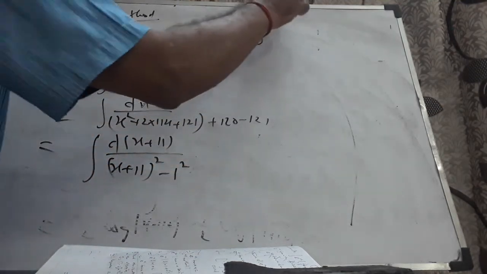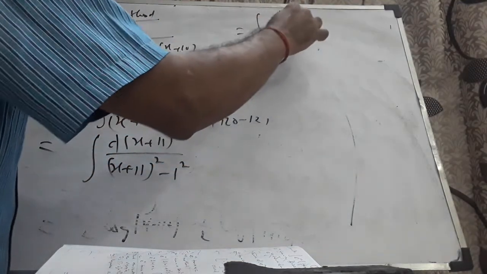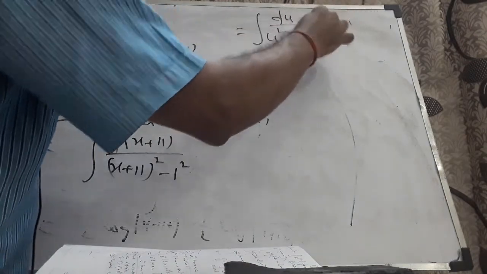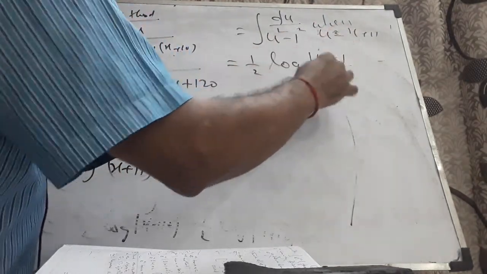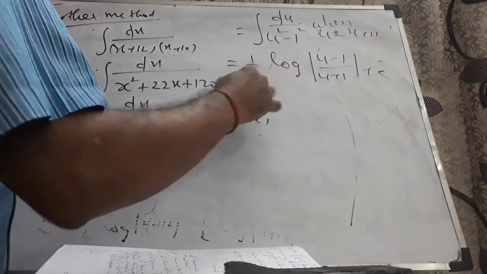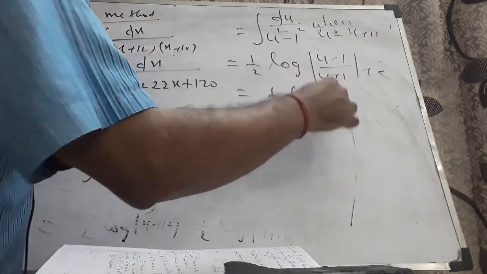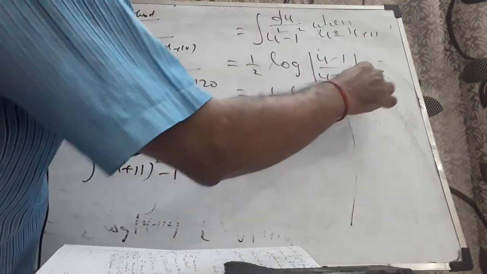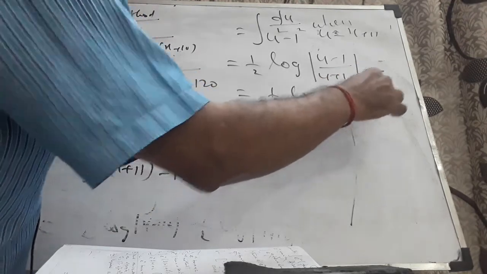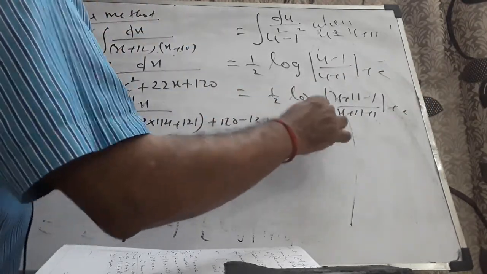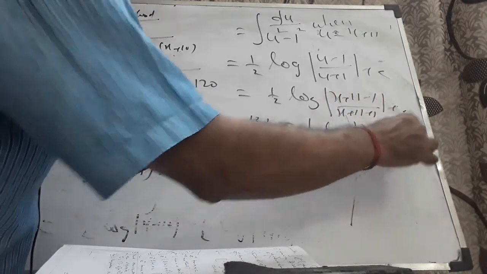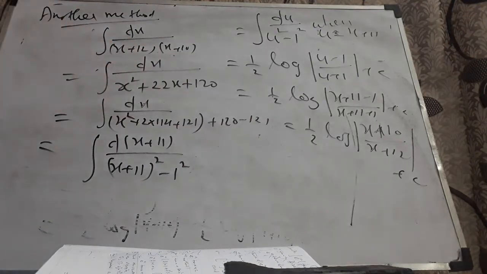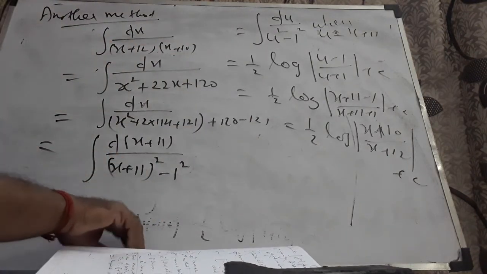This is the form du by u square minus 1 square, where u is x plus 11. Therefore, this is 1 by 2 log mod (u minus 1) by (u plus 1) plus c. That is 1 by 2 log mod (x plus 11 minus 1) by (x plus 11 plus 1) plus c, which is 1 by 2 log mod (x plus 10) by (x plus 12). You will get the same answer. Okay, this is another method for the same thing.